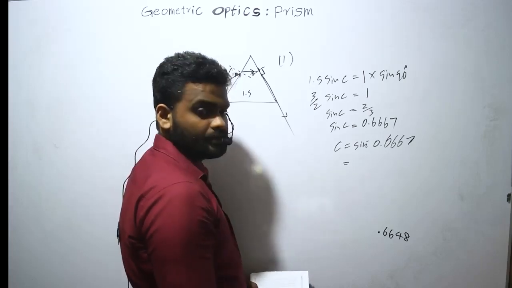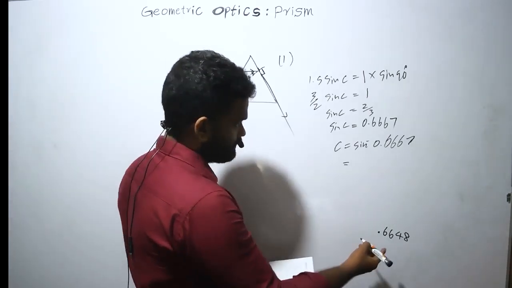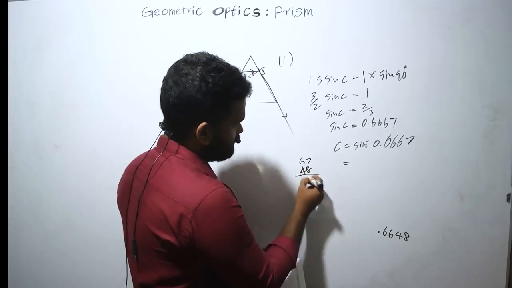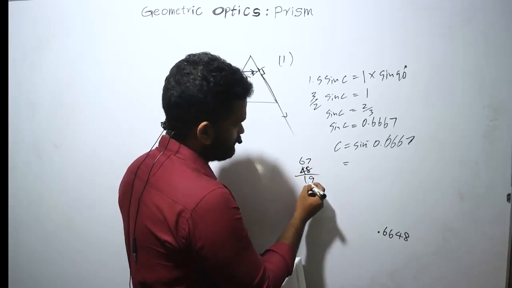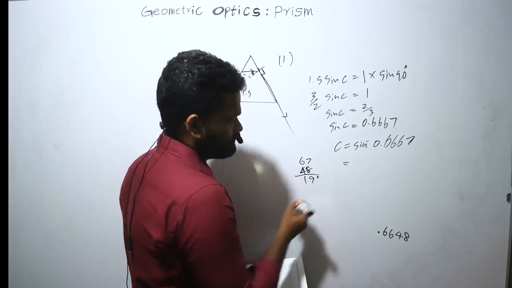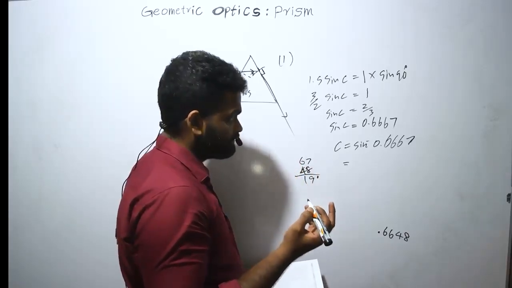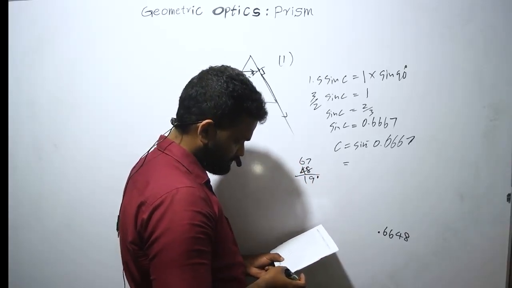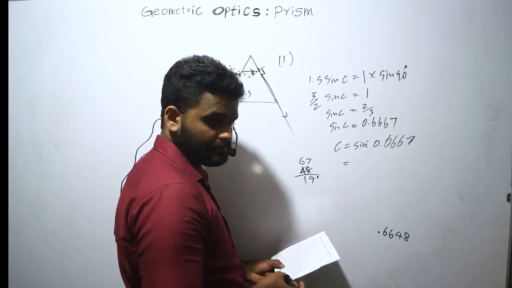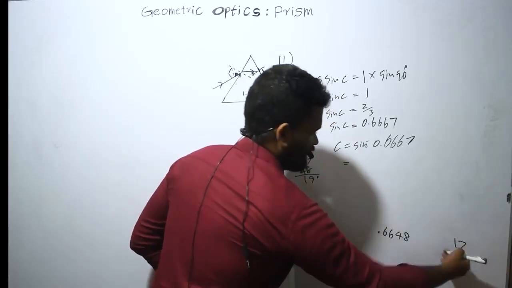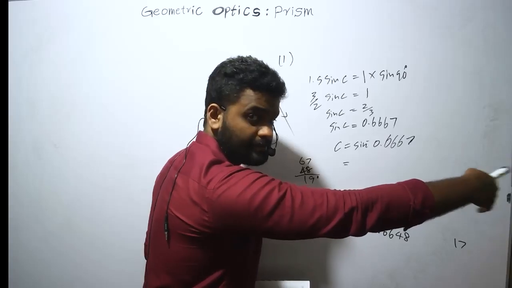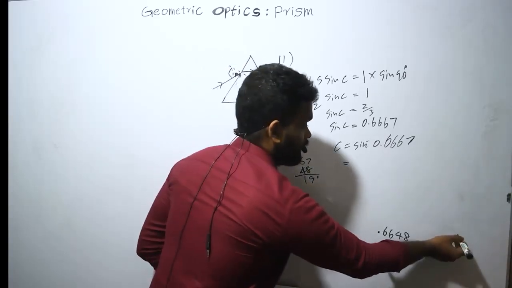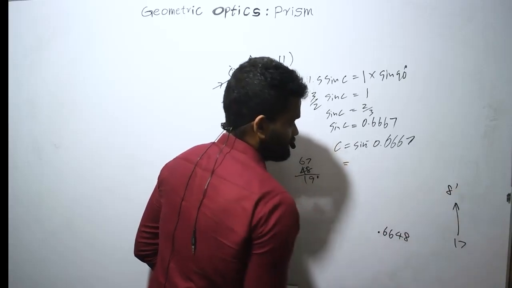How much is it? 6648, so there are 19 further that we want. We have 17 here, at 70; we can't go for 19, because after that it is 20. So we are not going to 20, just go for 17. This value is 8 minutes.